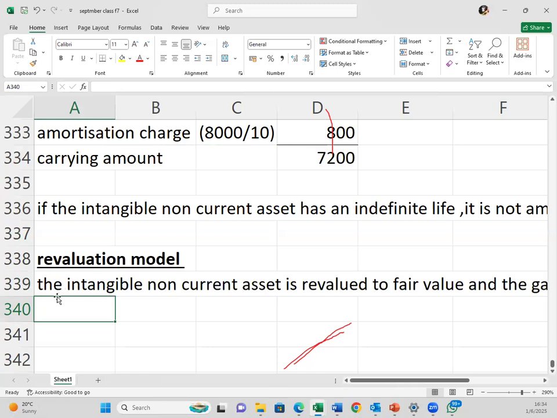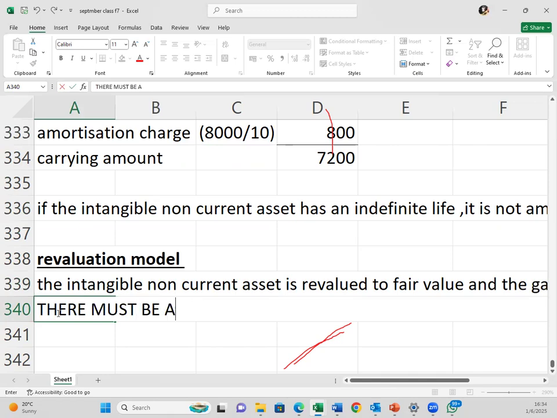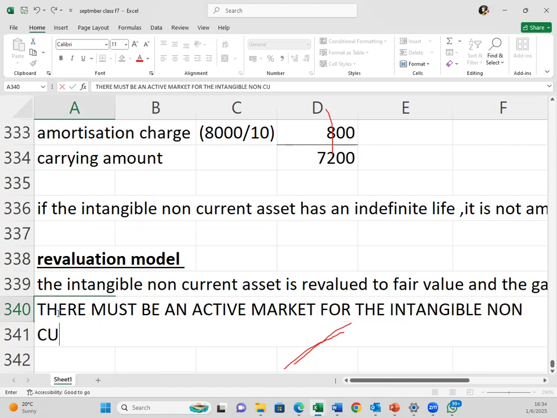So for intangible non-current assets, for us to be able to use this model, the revaluation model, there must be an active market for the intangible non-current asset.